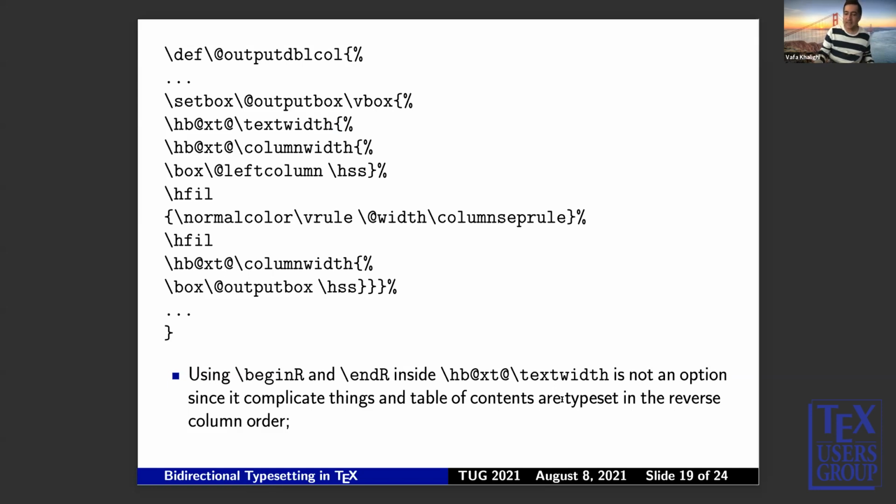Other than that, the table of contents are also typeset in the reverse order. What I mean by this is that if in your first column, you put one section, and in the second column, you put another section, in your table of contents, those sections appear in the reverse order. So instead of getting section one, section two, you actually get section two, section one.